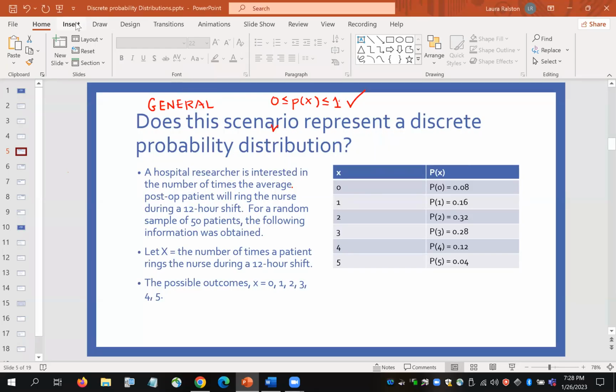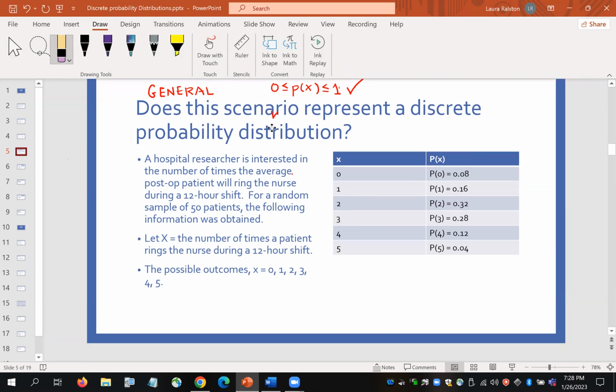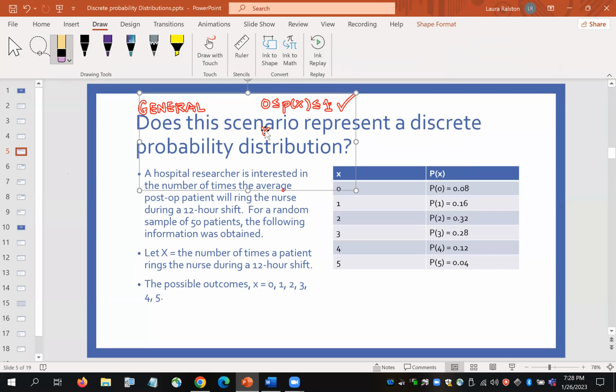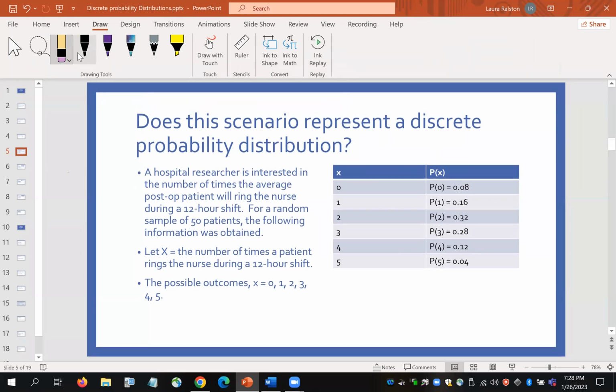I can check off that yes, I have verified that. Let me go back through here just a second. Okay, so remember this is general. First thing we did was we confirmed that all the probabilities are between 0 and 1. Check. The second thing we have to verify is that the probabilities add to 1. So I would need to look at this list of numbers and add them together. Now you can use your calculator.